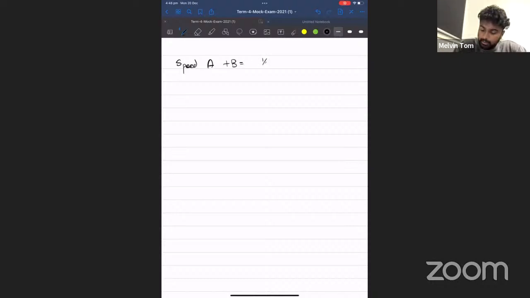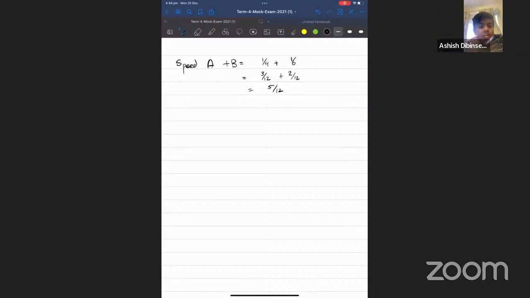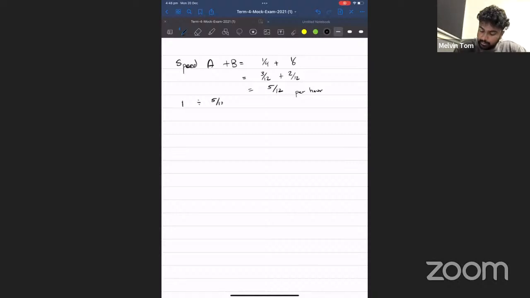is equal to 1/4 plus 1/6. And that is the same as 3/12 plus 2/12, which is 5/12. Right? So that's per hour. So how long would it take? It would be 1 divided by 5/12.